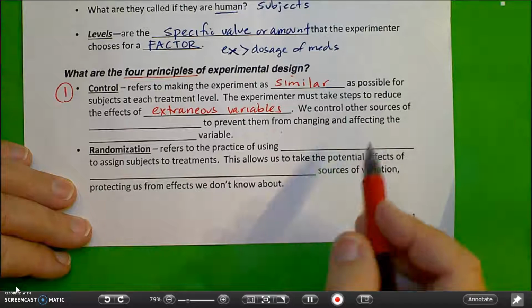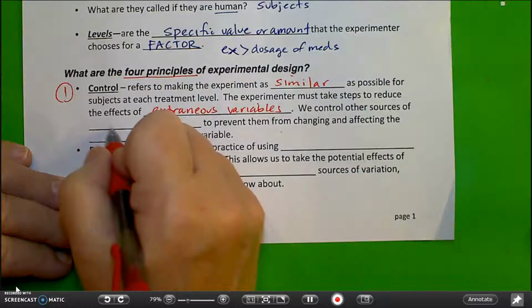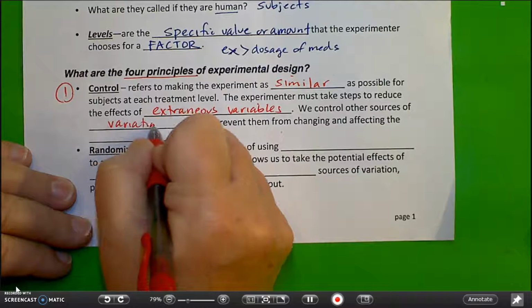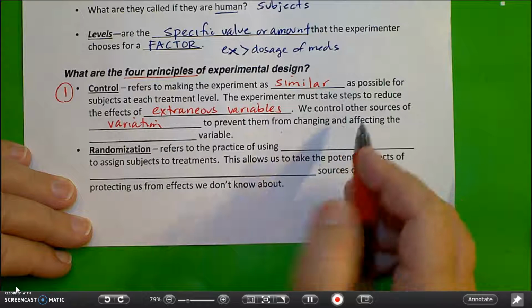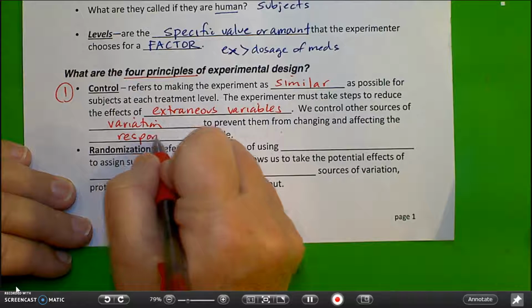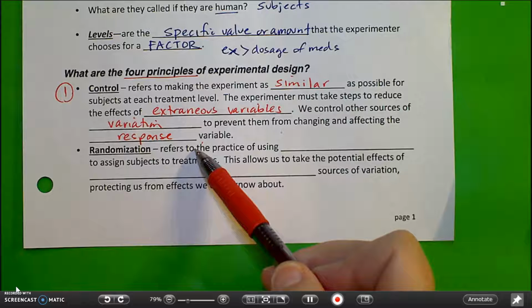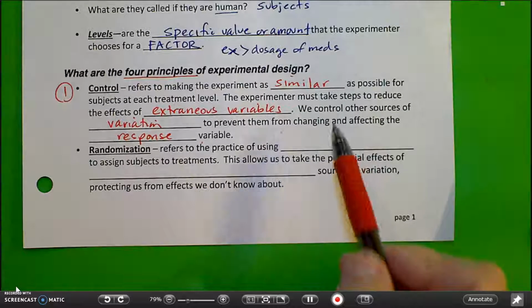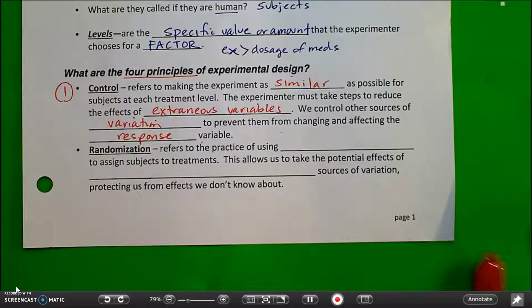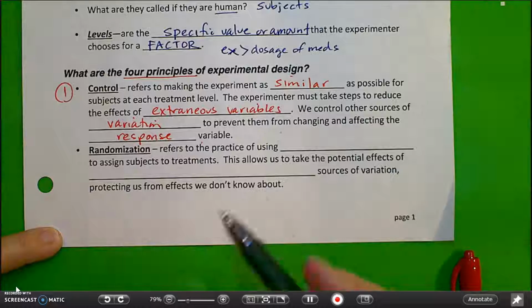So you have to control other sources of variation that are not in your study as much as you can, to prevent them from changing or affecting our response variable. We want our response variable to be changing just based on our own controlled treatment levels, not affected by other factors outside of our experiment. It's a tough thing to do, but we have to think about it up front so that we can try to control that.